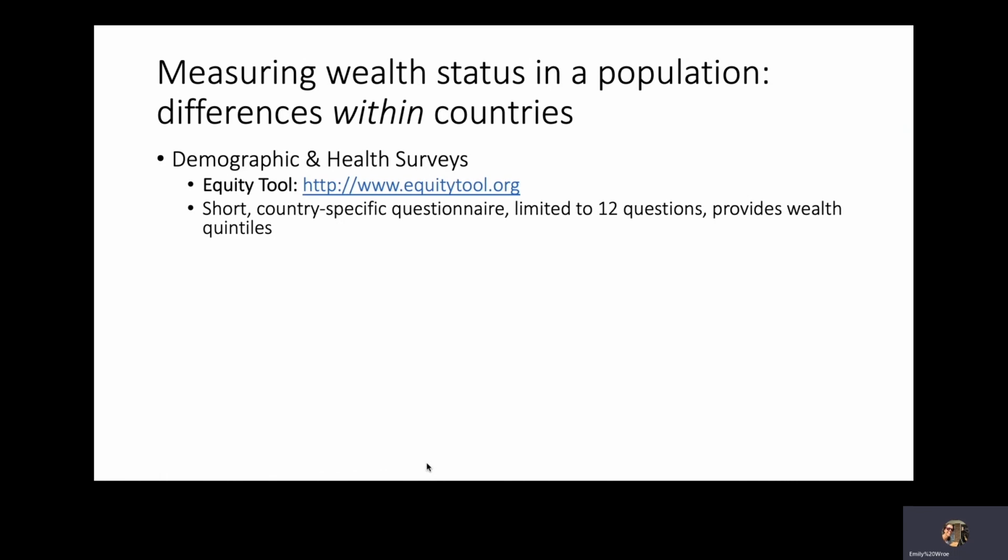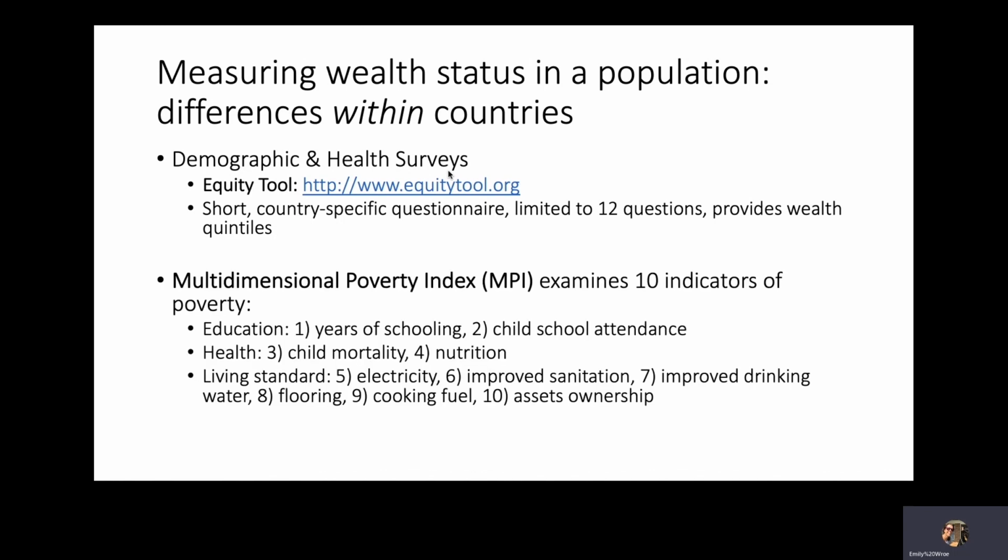A lot of them have an equity tool, derived from the DHS, which is a shorter questionnaire limited to 10 or 12 questions that can put respondents into wealth quintiles. It's often a good thing to incorporate into surveys and research. It's a bit of a blunt instrument, but it starts to get at whether people living in more extreme poverty, in quintile 1, are much more affected than quintile 5.